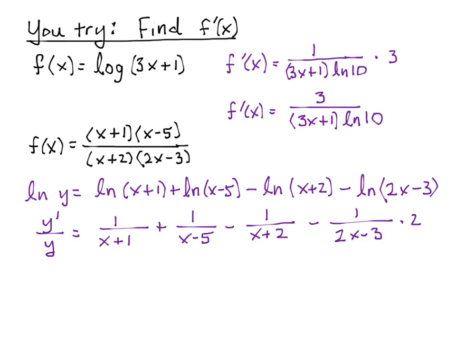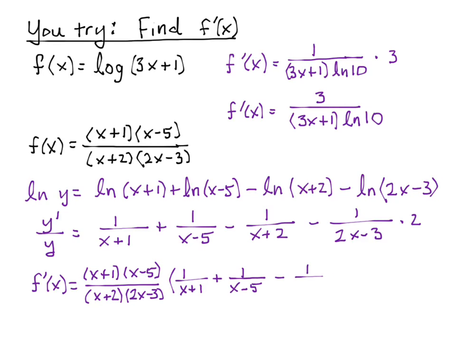This is just 1 over 1 plus x, 1 over x minus 5, and then we have negative 1 over x plus 2, and this is going to be 1 over 2x minus 3, and then by chain rule, we have a factor of 2, and then we're going to multiply back our original function, and so what we get is the original function times all those reciprocal terms that we got out of the logarithm.